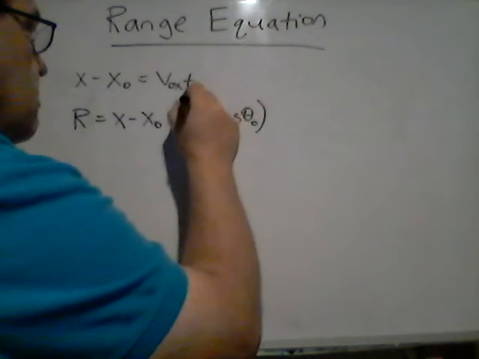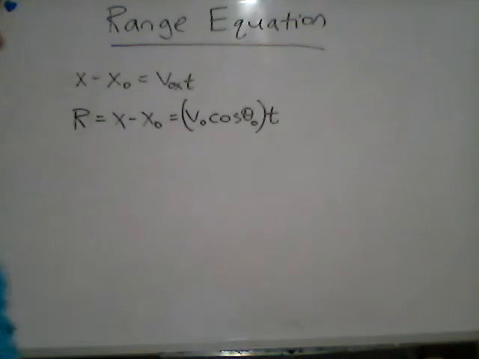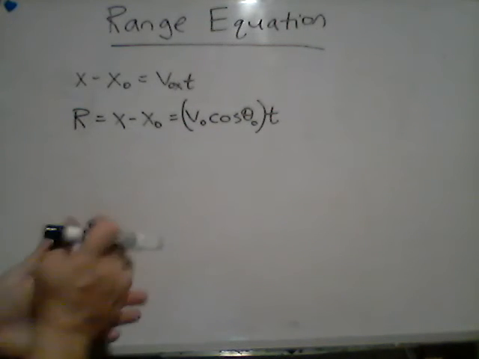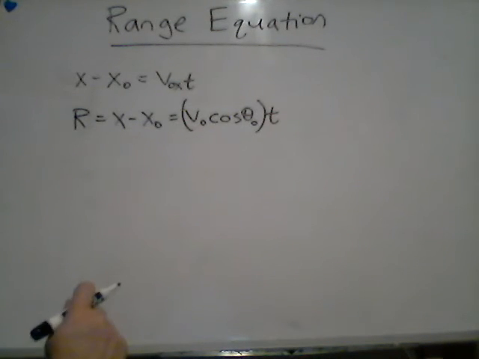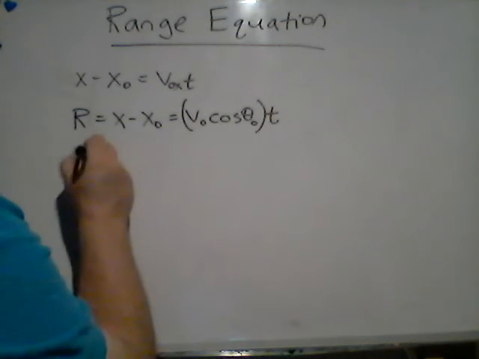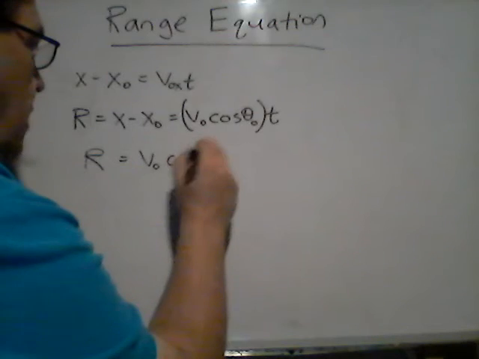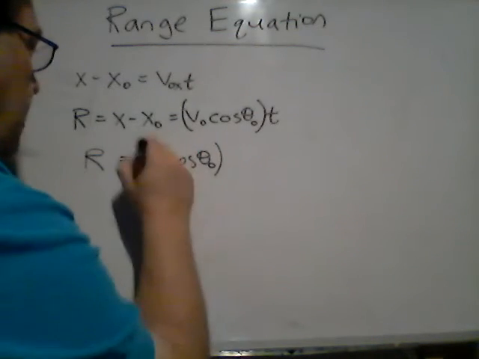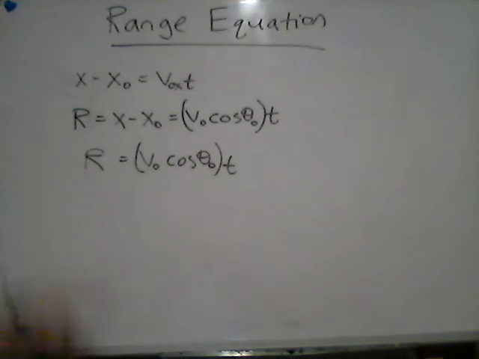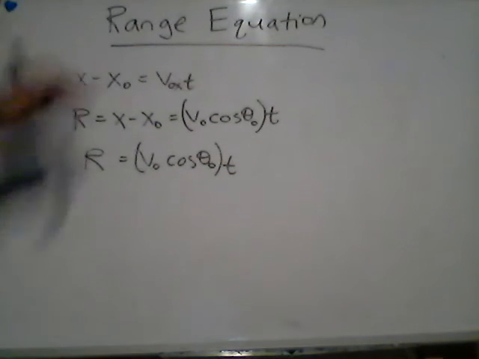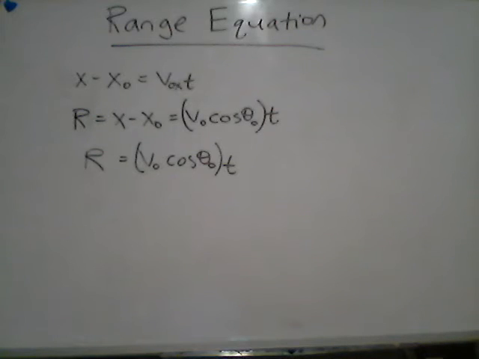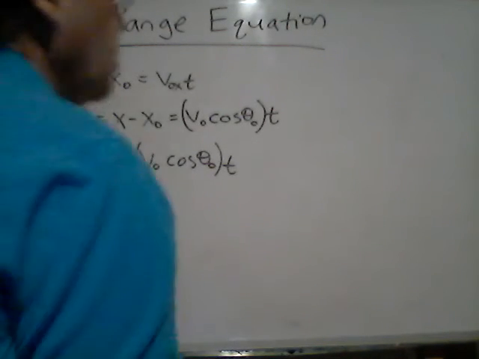All right, so essentially what we get out of here is that the range is v naught cosine of theta naught multiplied by t. I want to hold on to this equation, and I have very limited whiteboard space, so I'm going to write the equation off to the side here.